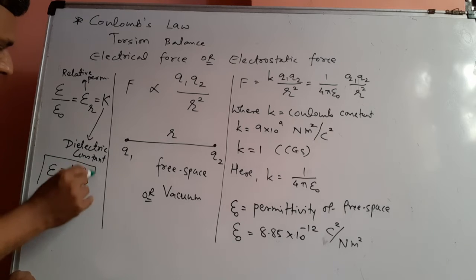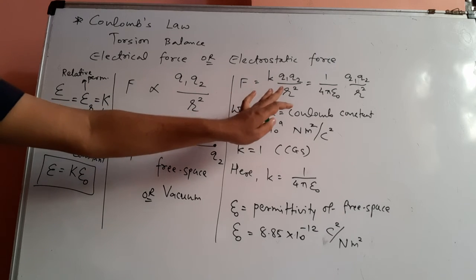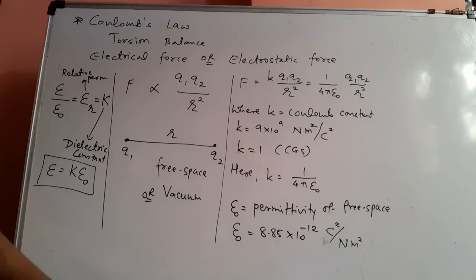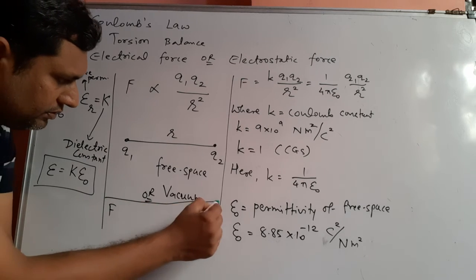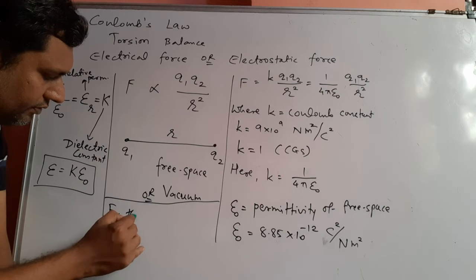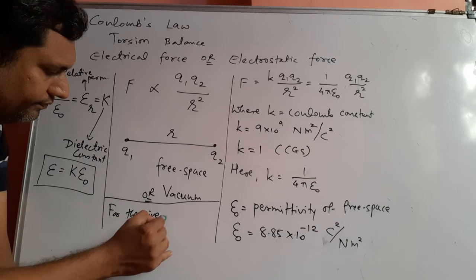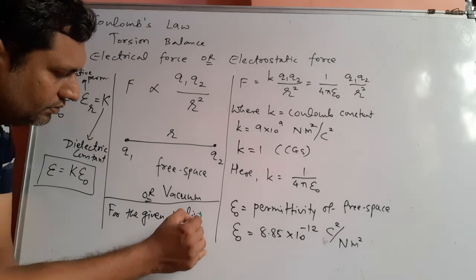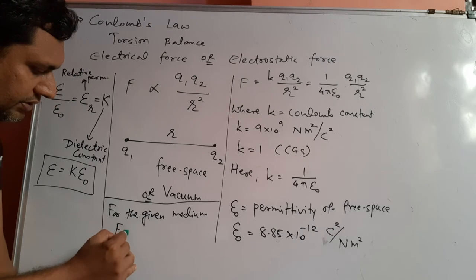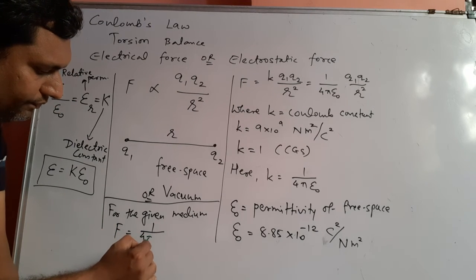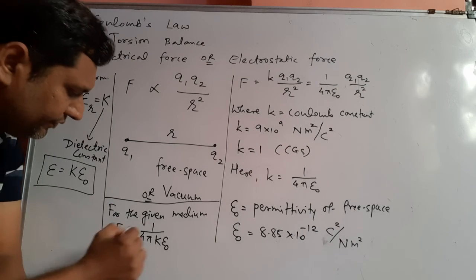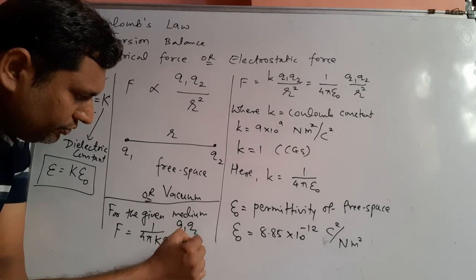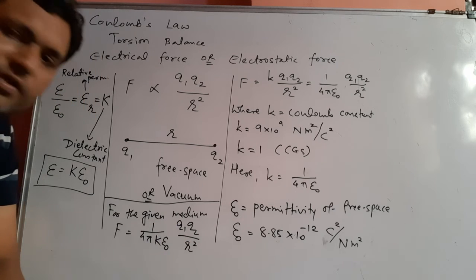So when we use this formula for any medium, ready? For the given medium, force is given by this equation, 1 upon 4 pi K epsilon naught Q1 Q2 by R square.